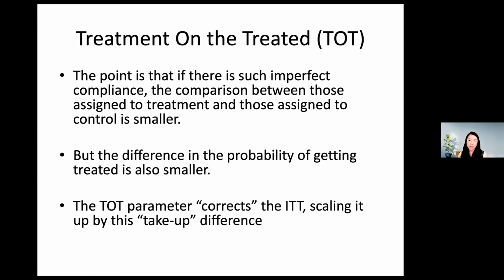If there's imperfect compliance, then the comparison between the two groups is smaller, right? Because some students in your treatment group are not doing what they're supposed to do, which is wearing glasses. So the glasses for these students are being wasted, and that dilutes the impact you can get. The treatment on the treated parameter corrects this imperfect compliance by scaling it up by the take-up difference.